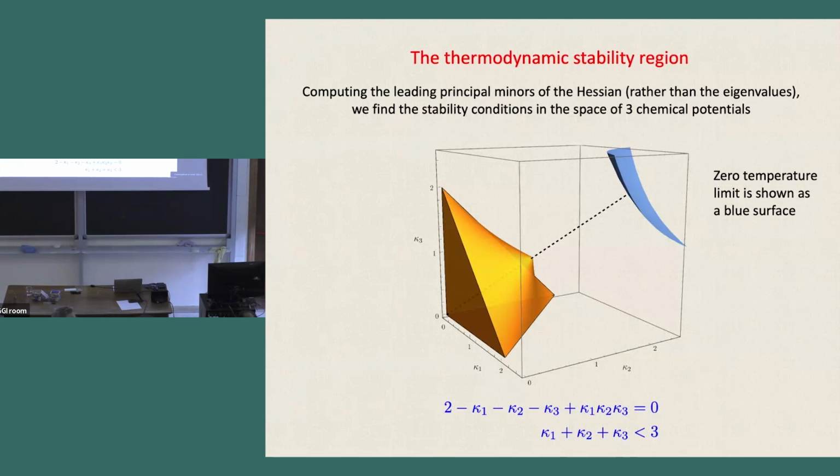Unstable, yes, that's right. That's a good question, for some other topic. So the Schwarzschild black hole has a negative specific heat. This is a property of typical systems in asymptotically flat space.